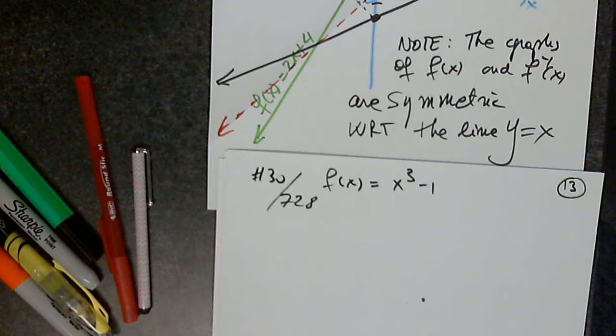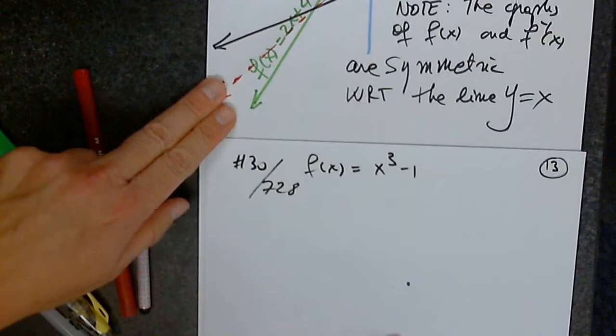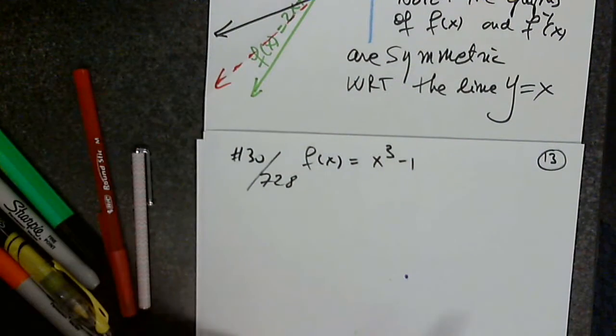So let's just find the inverse function. The third root of x plus 1 equals y. Yep, I think you're right.